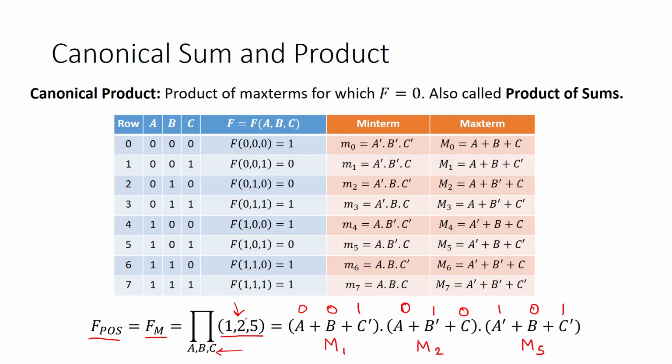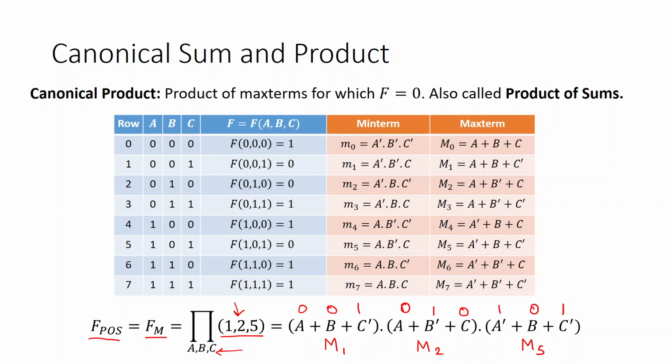So we get what we want. We want 0 for 1, 2 and 5, so we will get 0, because one of these terms will become 0, and for all the other inputs we will always get 1. So this is why the sum of products and product of sums expressions work.